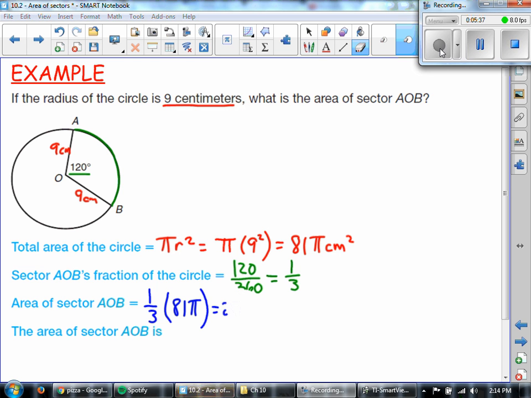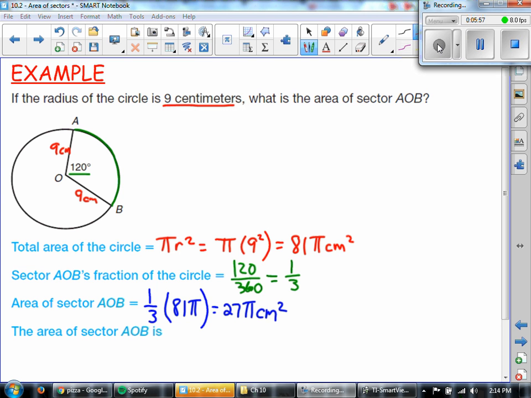So 27 pi, and again, our unit, since it's area, is centimeters squared. I accidentally erased some of the 360 here. Okay. Now again, this is an exact answer, 27 pi centimeters squared.